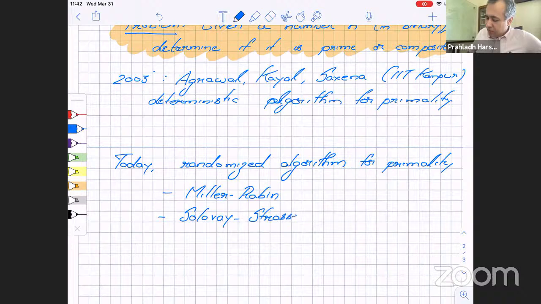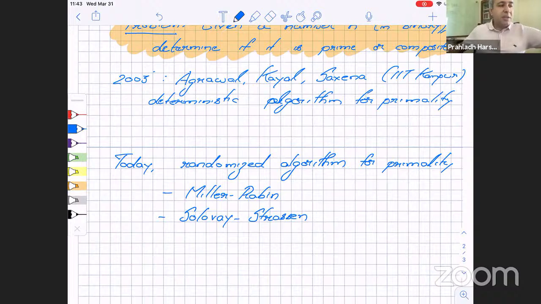I thought in the algorithms course you would have done both the deterministic AKS algorithm and the Miller-Rabin randomized algorithm. So what I will do in lecture today is the Solovay-Strassen randomized algorithm. Because some of you might have seen Miller-Rabin already, we'll do Solovay-Strassen and show you how nicely randomness comes to our rescue. I won't give all details.